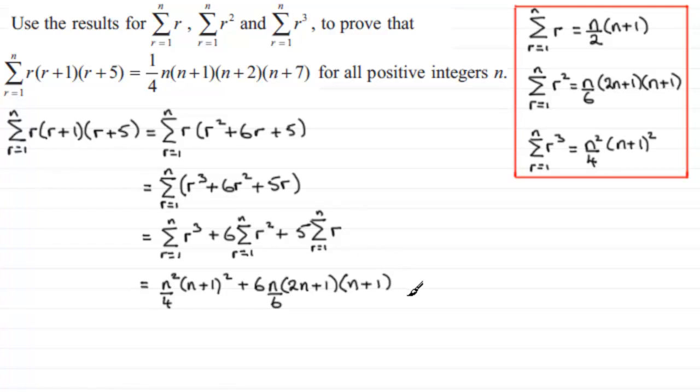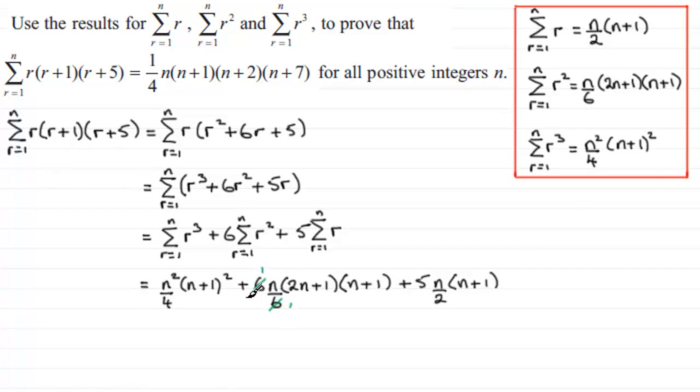And for the last term it's going to be 5 times sigma r. Sigma r is up here as n over 2 multiplied by n plus 1. And you can see that in this second term here we can cancel out those two 6's.